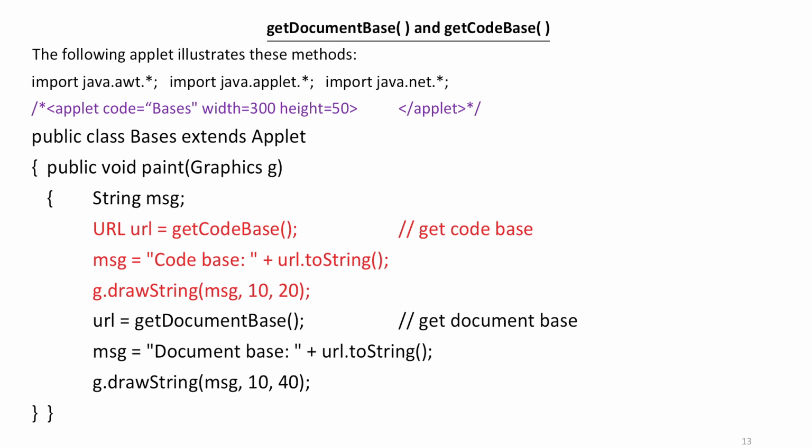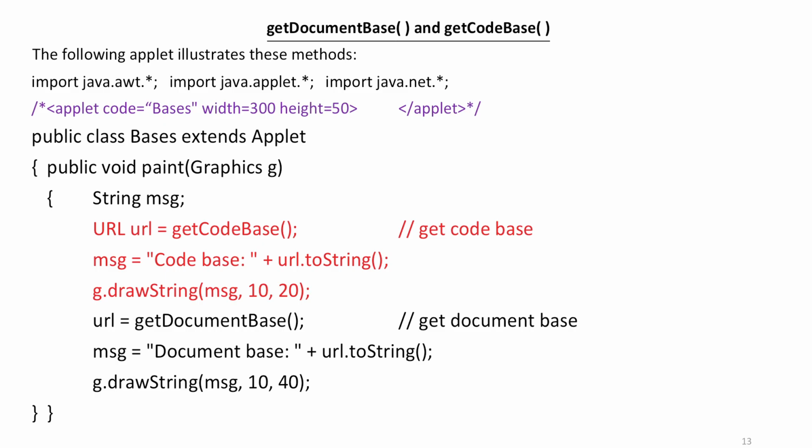And the second one is url equals getDocumentBase, any document file, like an audio file, video file, or image file. So, the URL of all such files will be saved in the URL variable, and now msg will be overwritten by documentBase plus url.toString.